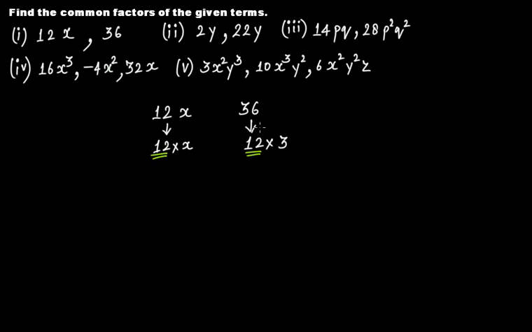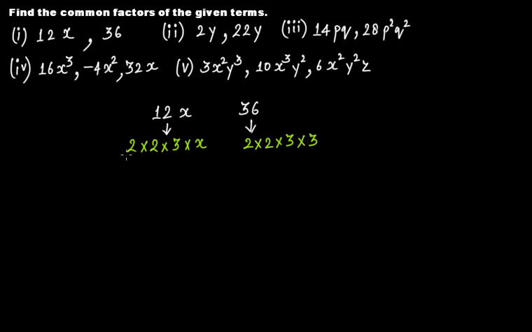Now if you cannot quickly calculate like this, then the best way is what we discussed when we were discussing factorization by the method of common factors. The best way is to break this down into irreducible factor form. 12 is 2 multiplied by 2 multiplied by 3, that is, write 12 in its prime factor form, then multiplied by x. 36 is 2 multiplied by 2, that is 4, multiplied by 3, that is 12, multiplied by 3, that is 36, so it's the prime factor form of 36.